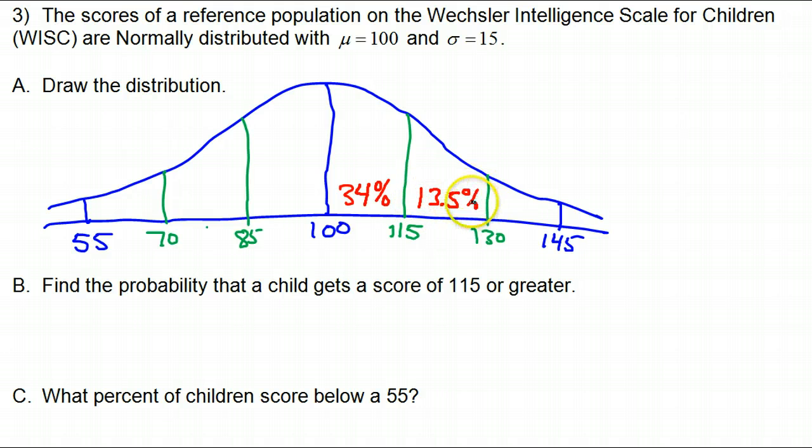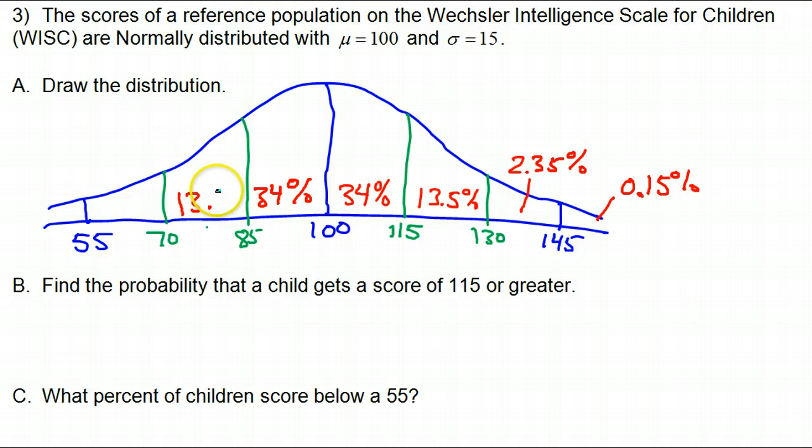And I know that this is 2.35%. And I know that this is 0.15%. If you have not memorized these yet, memorize them right now, today, right this minute. Just practice them.